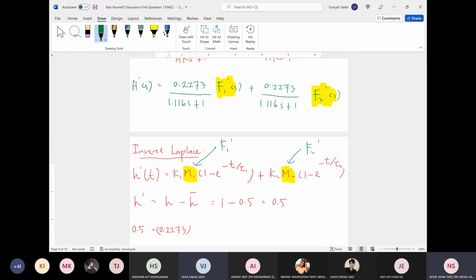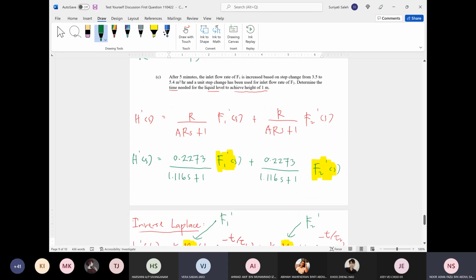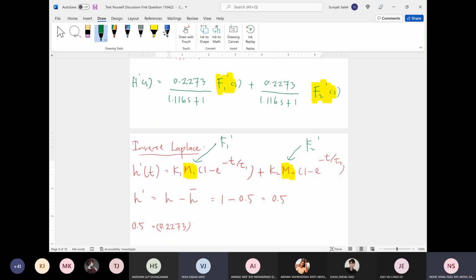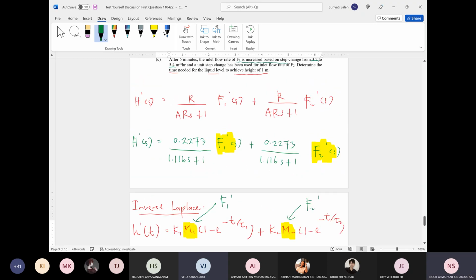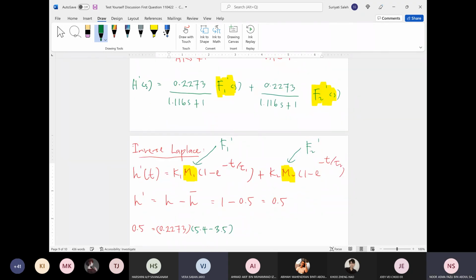So what is the magnitude for the M1? M1, based on this, F1 is increased based on step change from 3.5 to 5.4. So this means the magnitude 5.4 minus 3.5, and then 1 minus exponent negative t over tau 1.